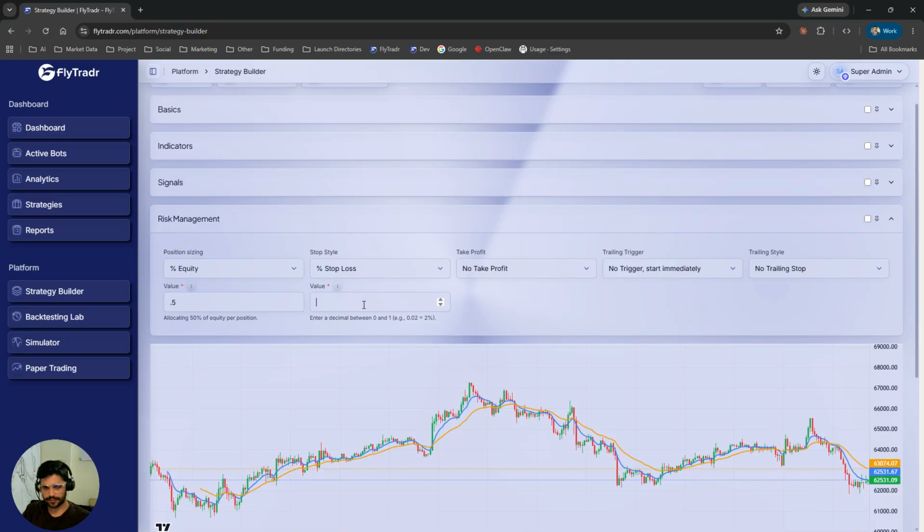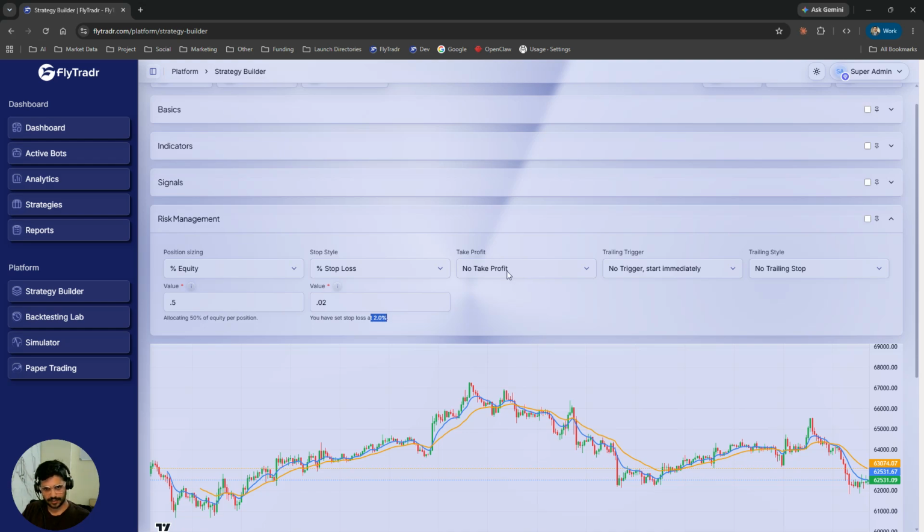Again, the values have to be between 0 and 1, and I will choose, let's say, 2%, so 0.02. So the stop loss is at 2%. If the price drops from our entry by at least 2%, then the bot will exit the trade.